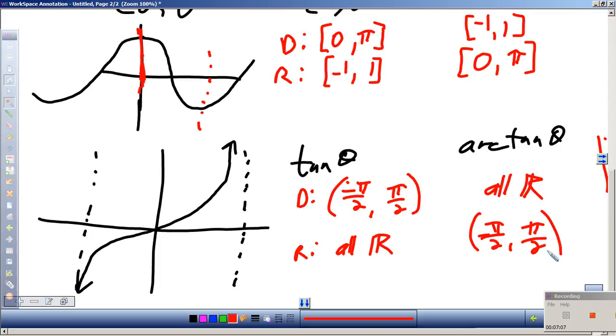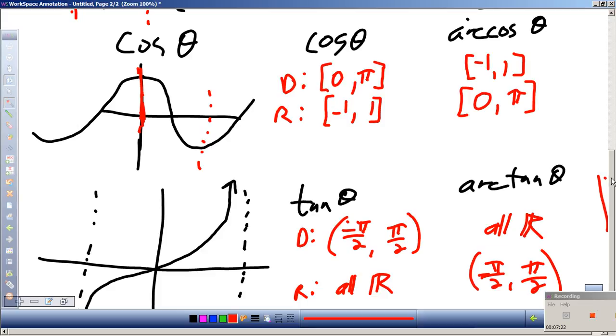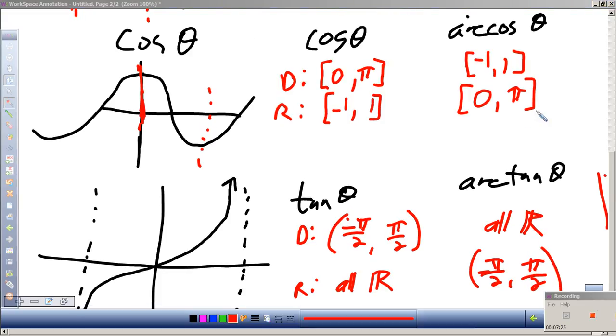This means when we take the arc cosine of something, is my answer going to be positive or negative? Or can you tell? Yeah. Yes.